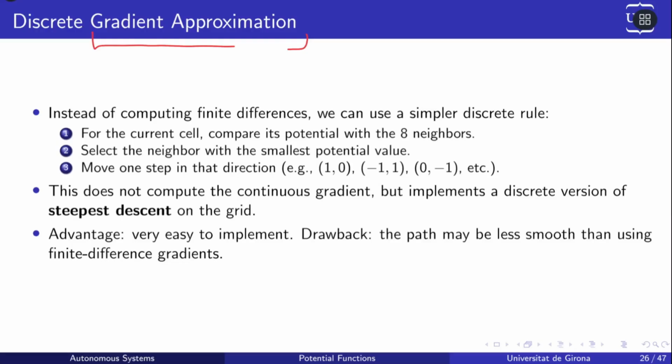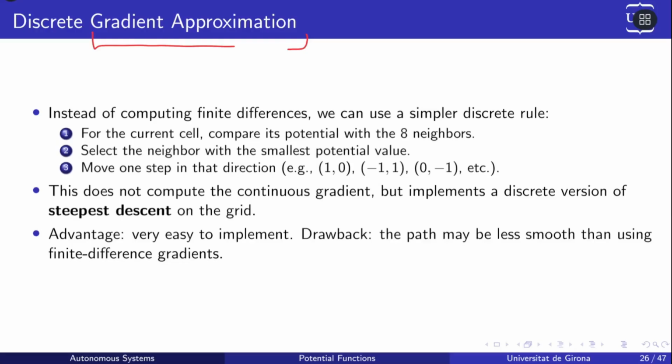We have these 8 directions around the current position, and we want to know whether I move left, right, up, down, up-right, up-left, wherever I have to move. For that, we can follow a very simple algorithm. From the current cell, compare its potential with the 8 neighbors, doing subtractions.